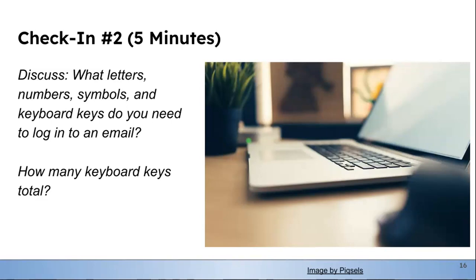I would say for me, I would start with the letters in their username and password. They don't have to know every single letter on the keyboard. They just have to know what letters are in their username and password, and maybe their PIN, or if they have multi-factor authentication for logging into whatever they're trying to log into. So I would start with those three pieces of information.